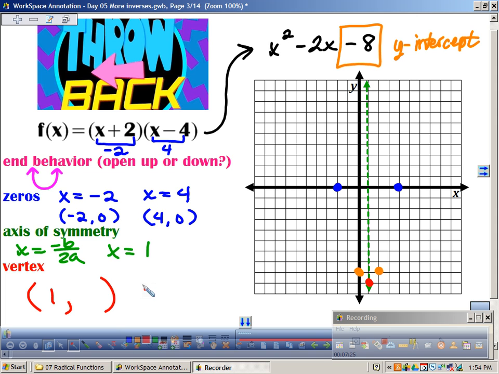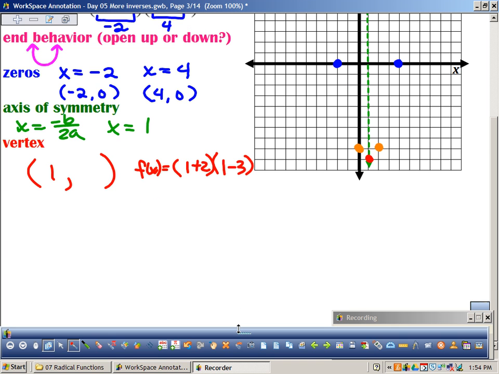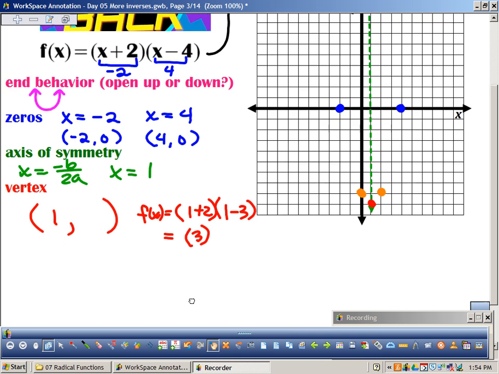So, if f of x is equal to x, which I know is 1, plus 2, times 1 minus 3, isn't that just 3 times, I did something wrong.